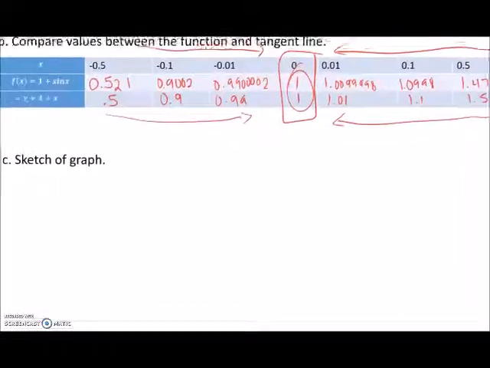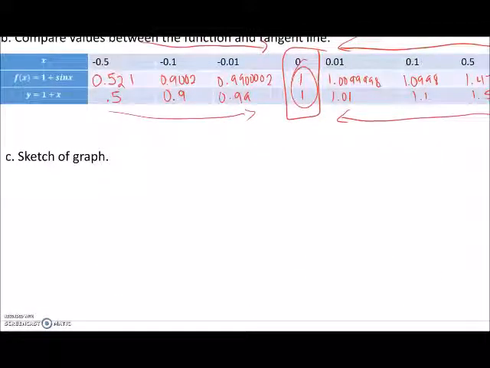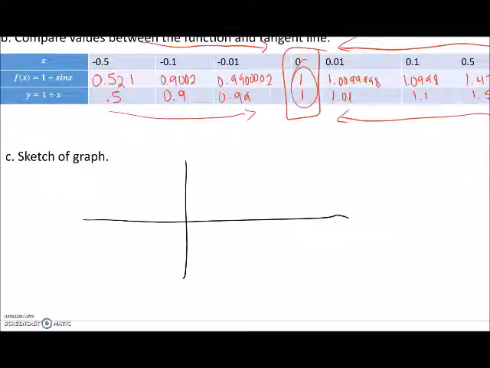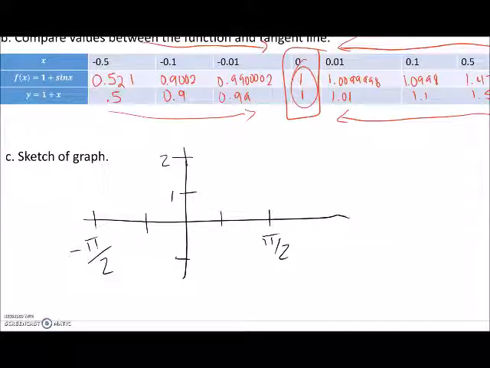If we were just to do a little sketch here, nothing perfect, but let's say that this is pi over 2. This is negative pi over 2. We'll say this is 1 and this is 2. This is negative 1. And this would be a negative 2.